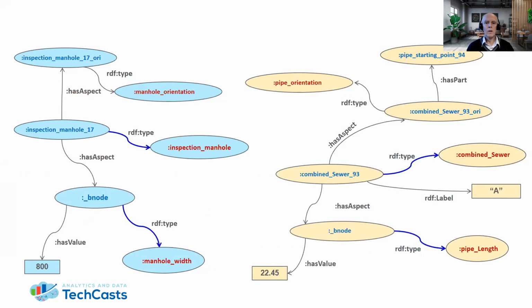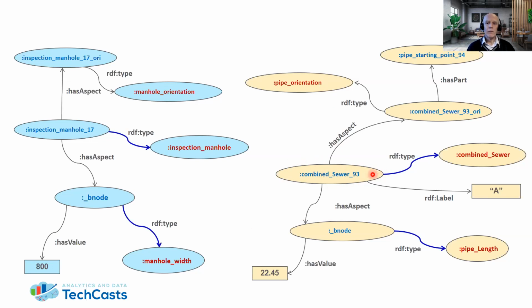One fundamental concept of graphs, at least graphs based on the Resource Description Framework, or RDF for short, is that you can uniquely identify every resource. If you take this one here, that is a specific pipe in the sewage network identified as combined sewer 93.